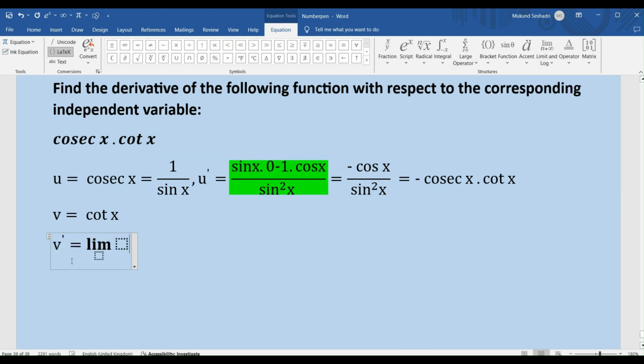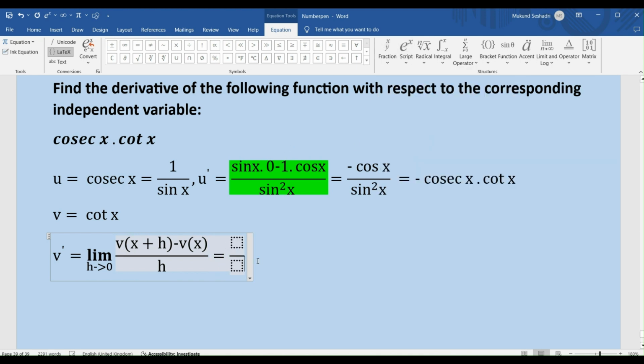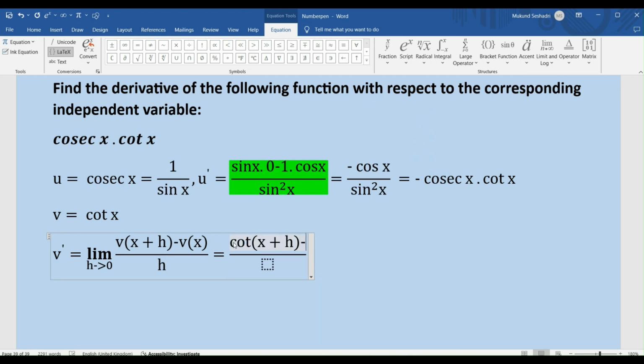My limit is h tending to 0, v of x plus h minus v of x divided by h, right? And what is my v of x plus h? My v of x plus h is nothing but cot of x plus h. And what is my v of x? It is cot x divided by h. Remember, folks, we still have a limit out here.